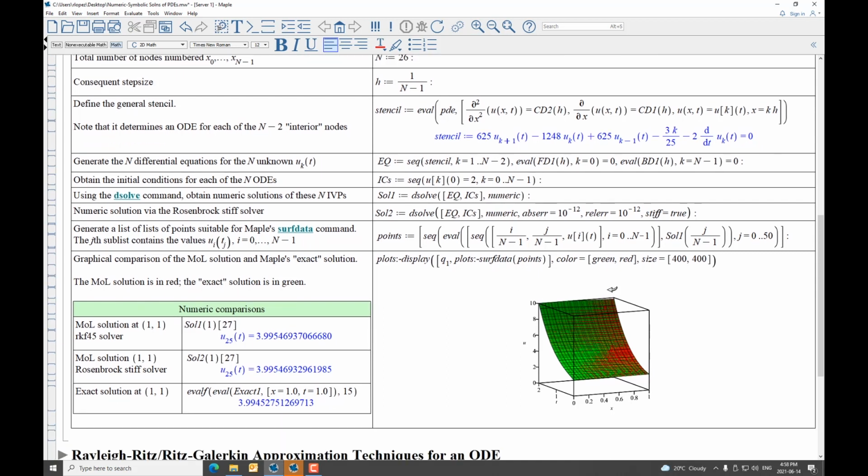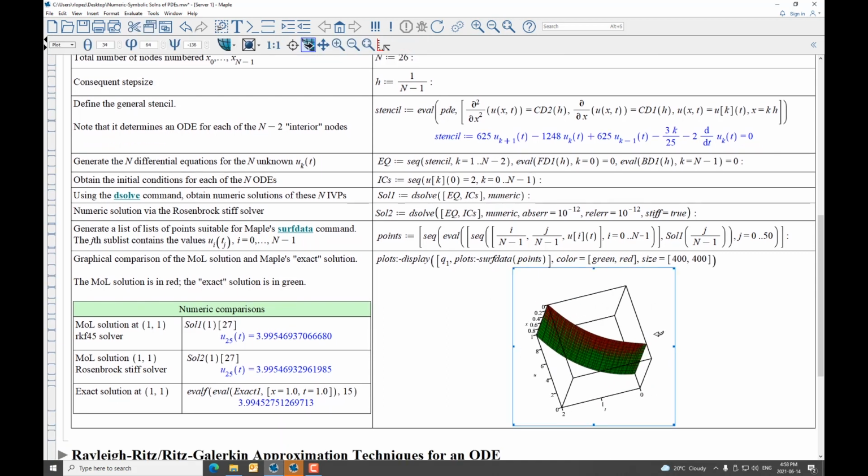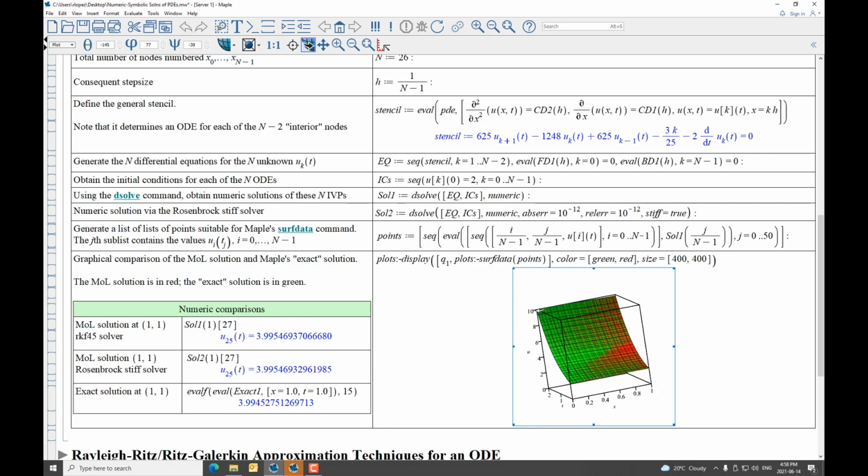And again, using red and green, you can see there's an intermingling of red and green. The solutions are pretty close. And here is an attempt to look at the solutions analytically. So I tested them at one point. x equals 1, t equals 1. This is the generic solver, the RKF45. You get this value at that point. This is the Rosenbrock stiff solver. At that point, the solutions are pretty close.